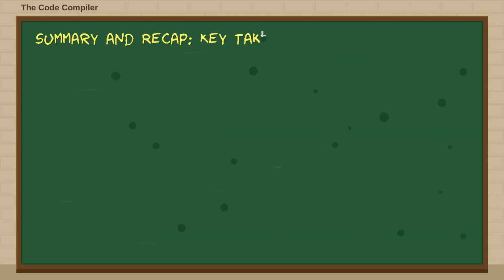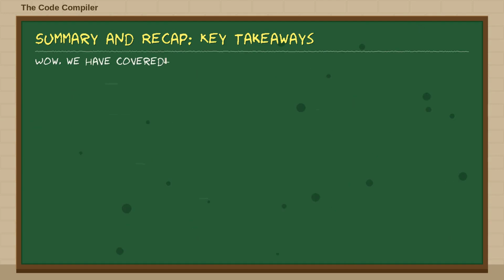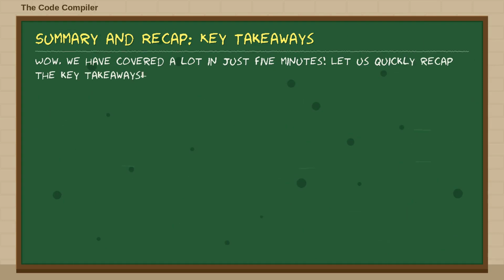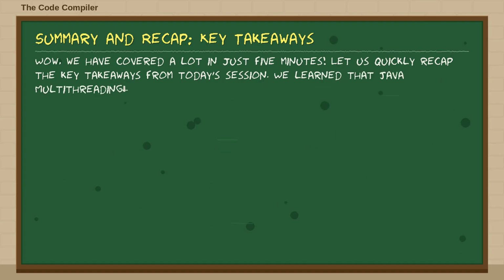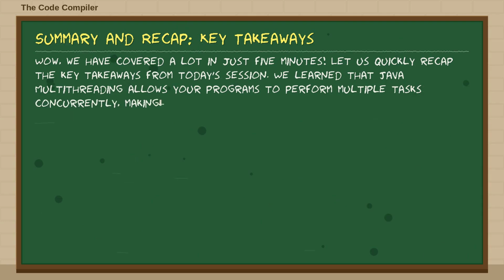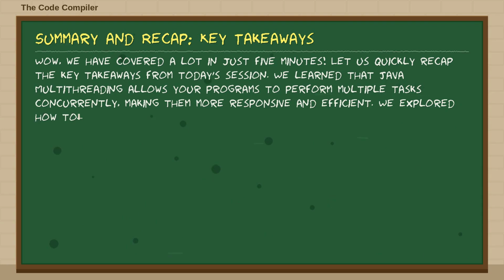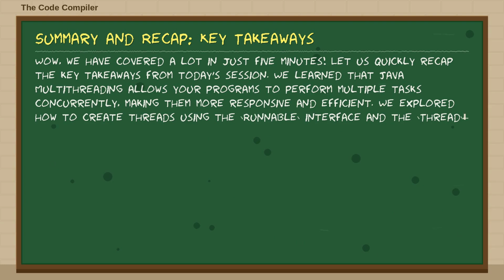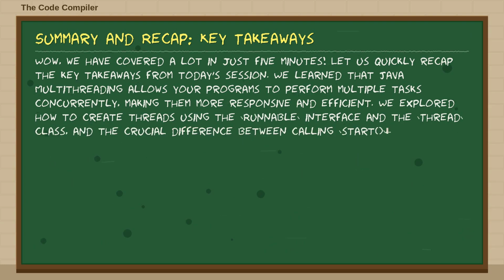Wow, we have covered a lot in just 5 minutes. Let us quickly recap the key takeaways from today's session. We learned that Java multithreading allows your programs to perform multiple tasks concurrently, making them more responsive and efficient. We explored how to create threads using the Runnable interface and the Thread class, and the crucial difference between calling start and run.